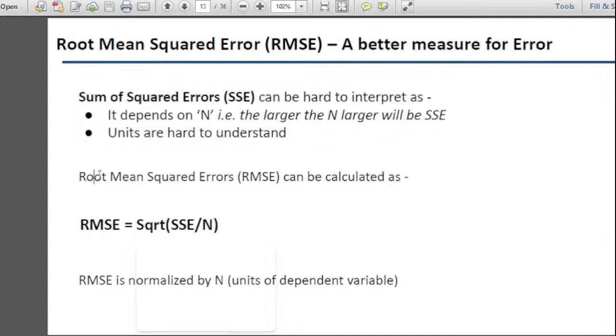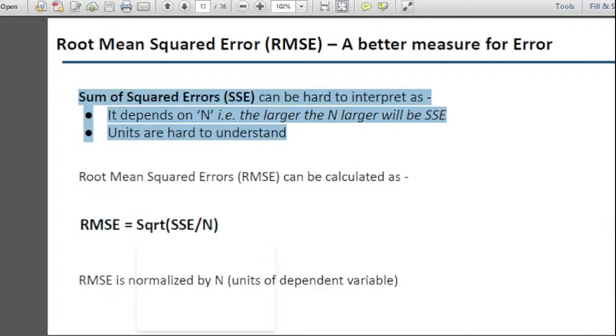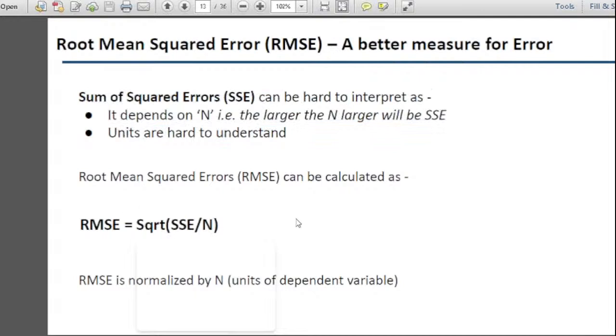That is why SSE is hard to interpret. But if I take a root of it, I get RMSE. At least I'm able to do away with that squaring impact, and I bring it to the same level of the y by doing a square root. So what I'm doing here is normalizing it, and also here, square root and root mean is dividing by n also.